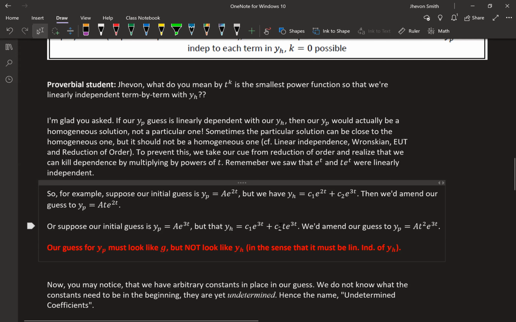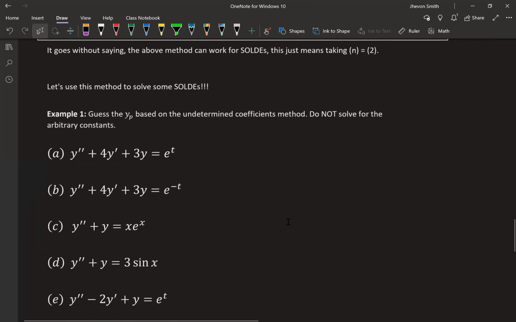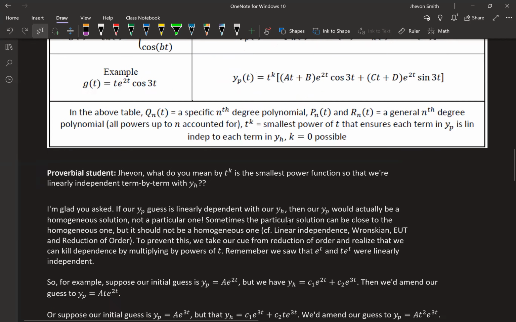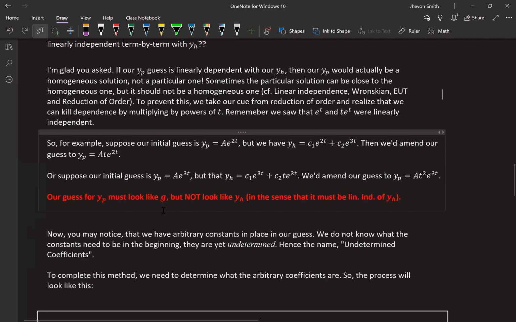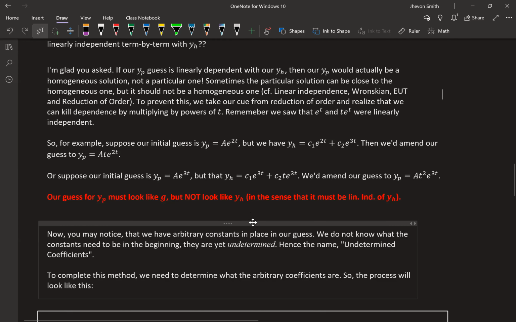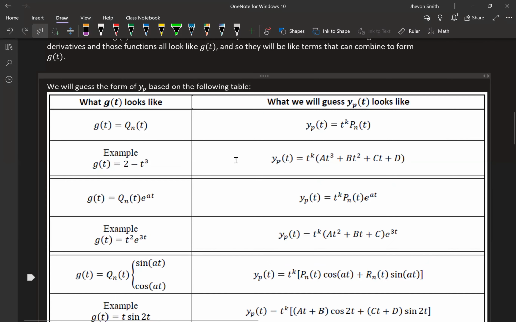Okay, so that's the idea. Hopefully that is clear, but even if it's not, we are going to do a ton of examples where we practice this sort of thing. But what's in red here is the important thing. Our YP must look like G, but not like YH. So we need to choose something that's going to look like G. How do I know it's going to look like G? Well, I'm going to choose according to this table over here.